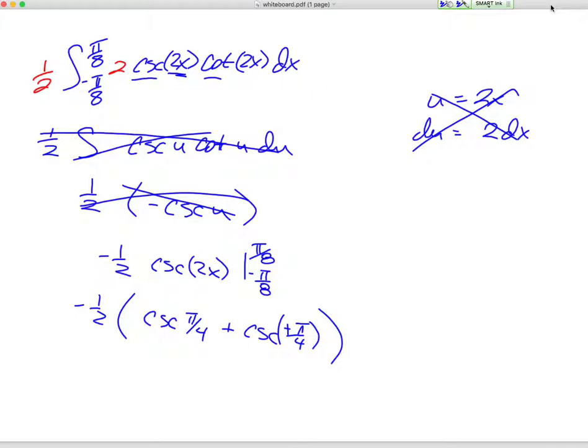So whatever I get, I'm going to have 2 of them. So pi over 4, what's cosecant related to? Sine. What's sine of pi over 4? 1 over the square root of 2, so cosecant is square root of 2. I put those together, that's going to give me 2 square root of 2's. The 2's cancel. We end up with negative square root of 2.